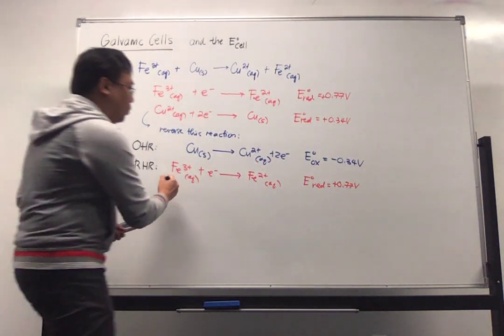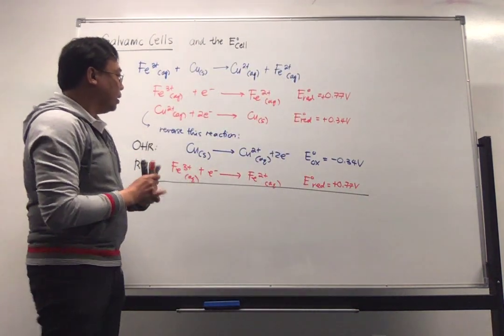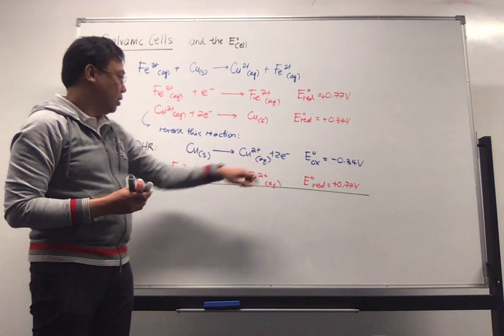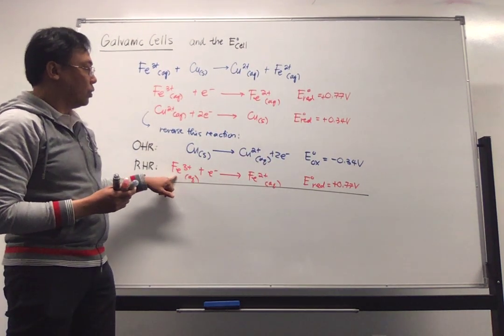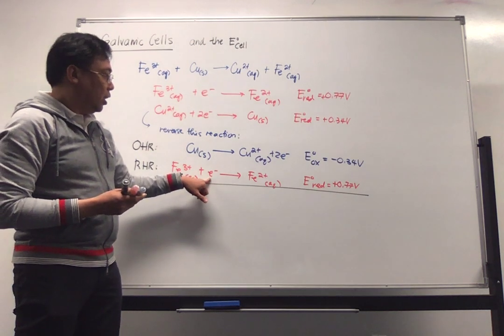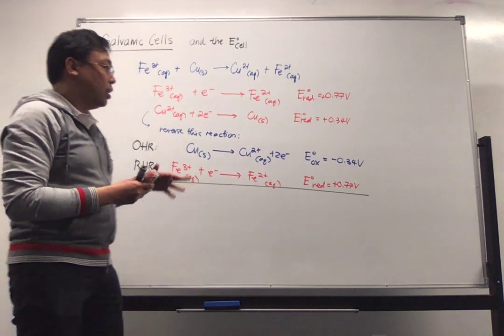Now, if we add these two reactions, we will see that copper is actually giving up 2 electrons because ferric ion is stronger in terms of reduction. But this one only requires 1 electron, and therefore we need to balance the number of electrons involved. Remember, this is a tandem.